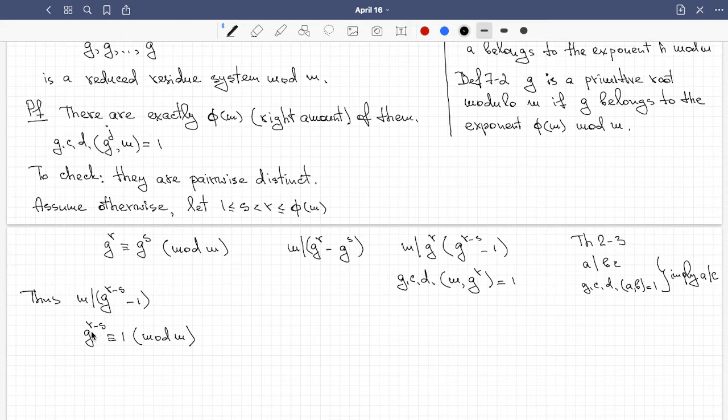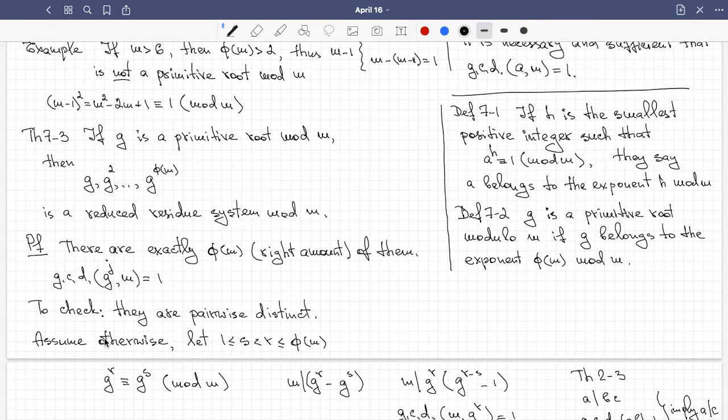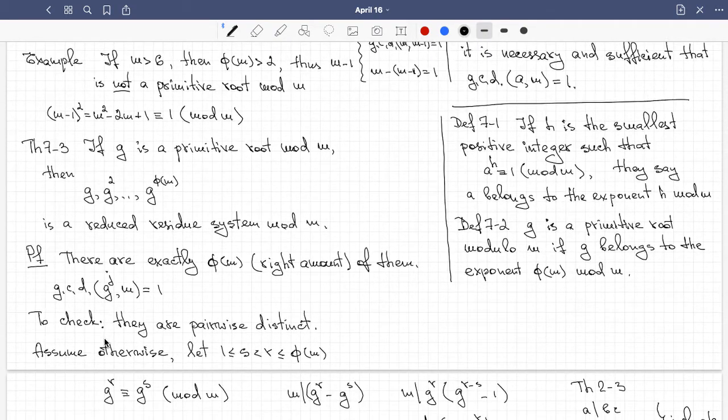So the smallest positive integer such that G taken to this power is 1 is phi of M. What does it mean?